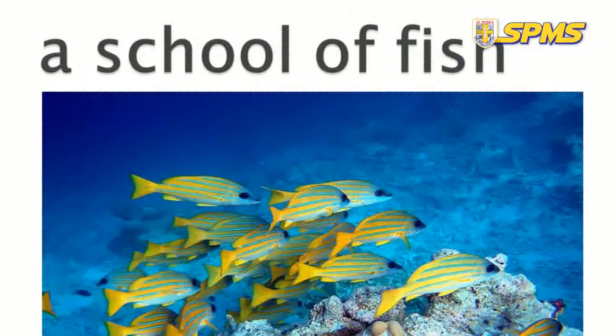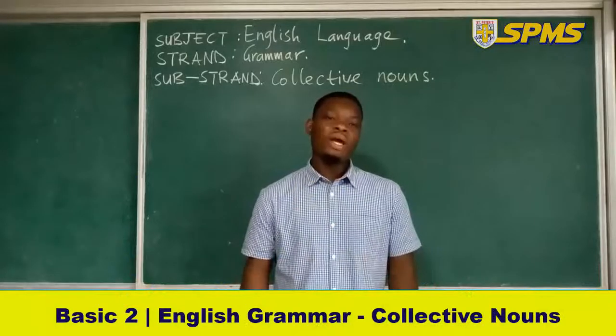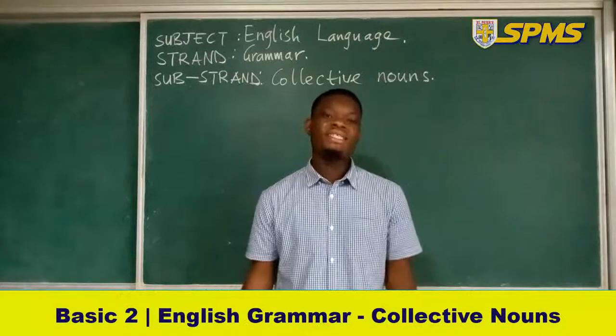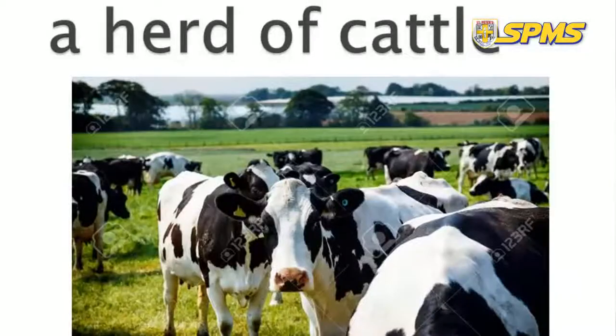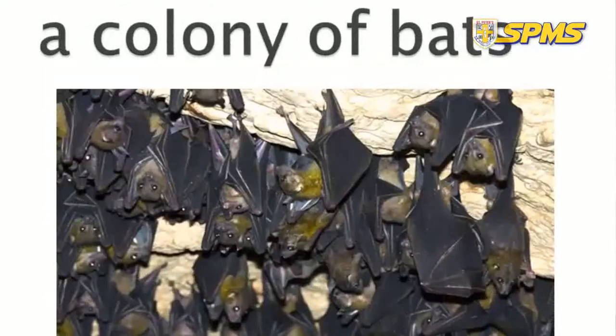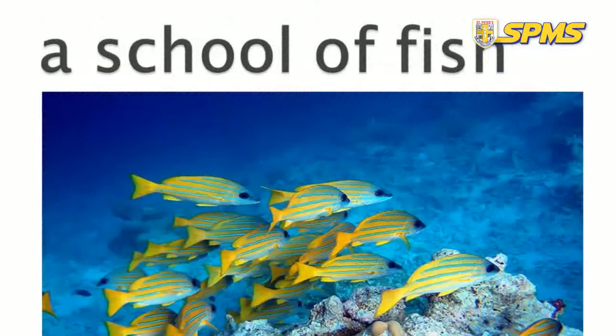I hope you are taking notes of the words that are collecting or making these animals as a whole. Very good. In the first one we have a herd, the second one we have swarm, the third one we have flock, colony, and then school.